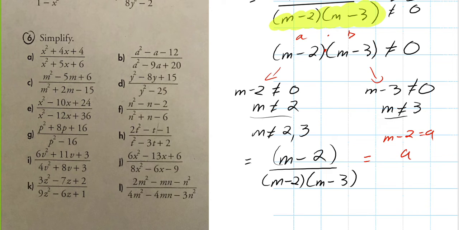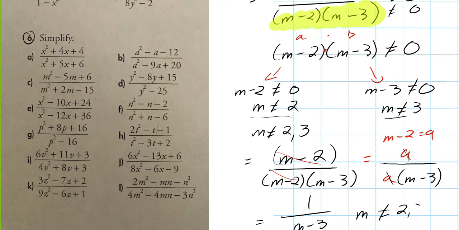I would say a over a times m minus 3, because we haven't said anything about that one. And then this looks a lot more like something I can simplify. Oh, a divided by a, that just cancels out or creates a 1, right? There'll be a 1 on top. So these cancel out, and we're left with 1 over m minus 3 with the restriction of m cannot be the value of 2 or 3 in this case.